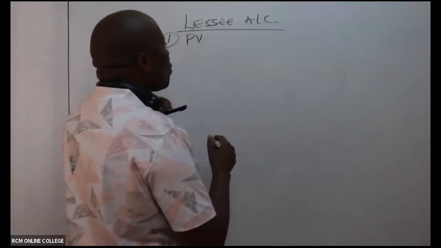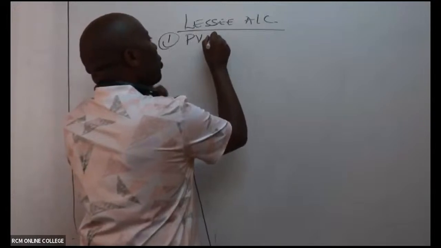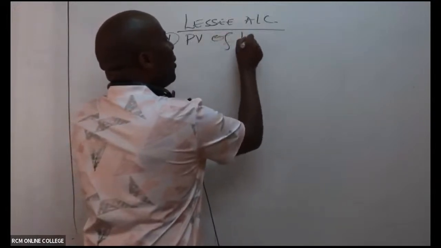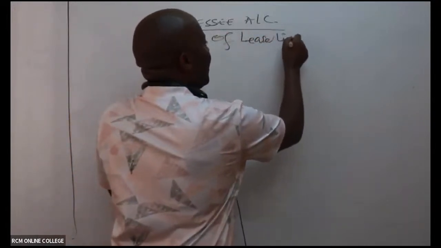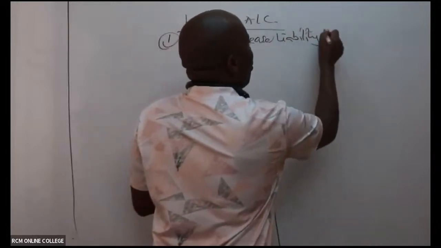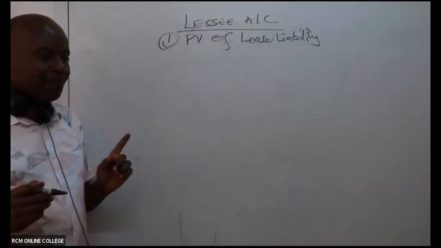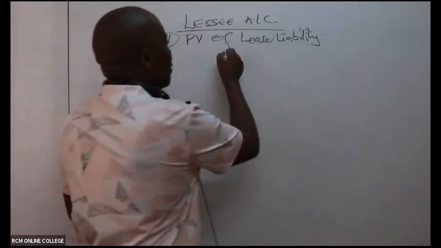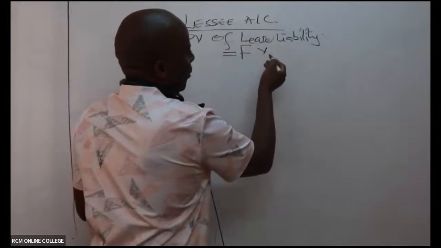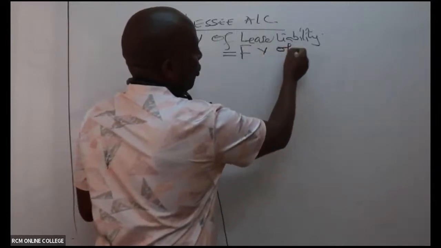To get this total liability, we shall get what we call the present value of lease liability. Now this, of course, is also known as the fair value of the asset.